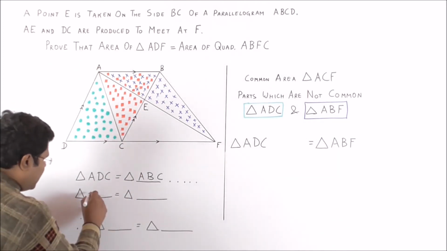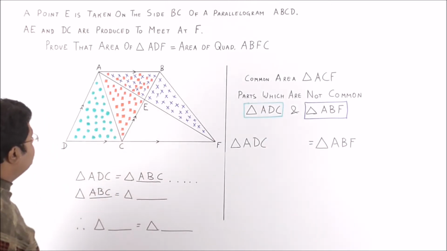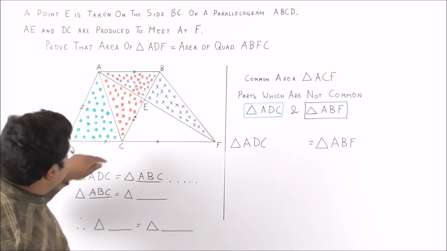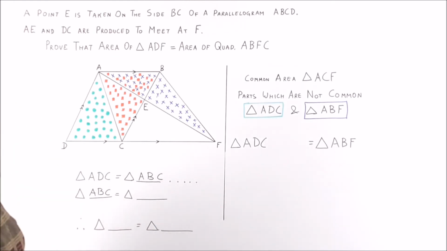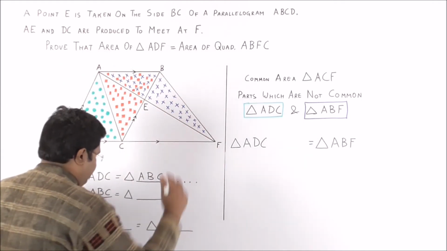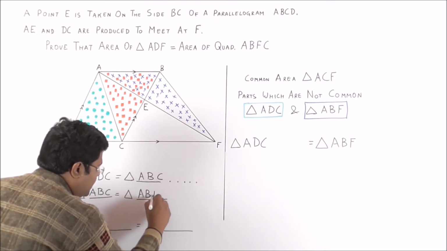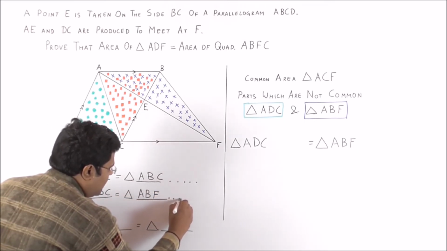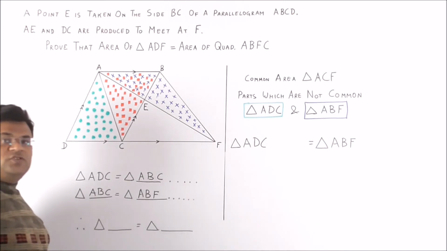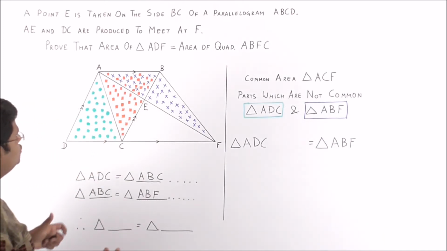Now we start back with triangle ABC. Now ABC is equal in area to which triangle? Triangle ABF. That's right. Now this time the reason which you are mentioning will be different from the previous. This is the usual reason.